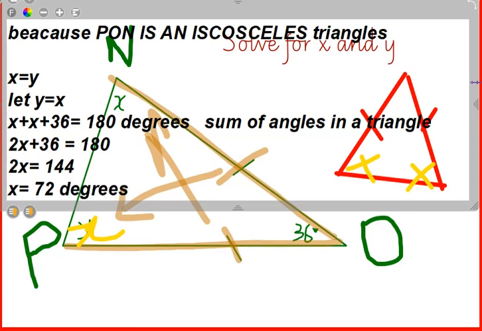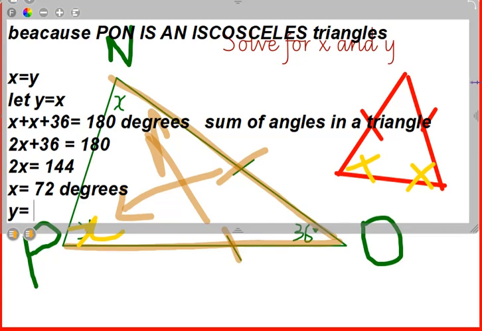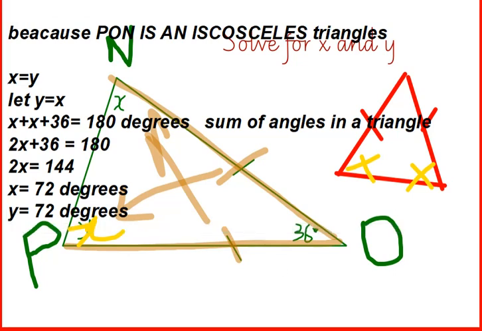And we've just said x is equal to y. That means our y is also 72 degrees. And let's double check if we are correct. So let's edit our figure by entering the degrees that we just got. So 72 degrees, 72 degrees. So let's add 72 plus 72 together.